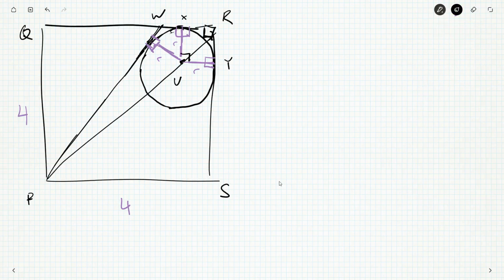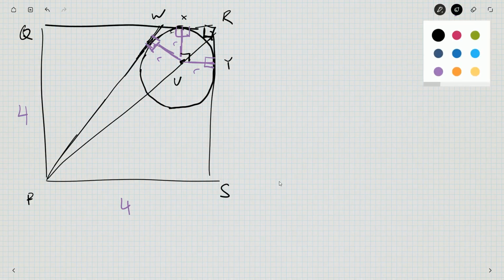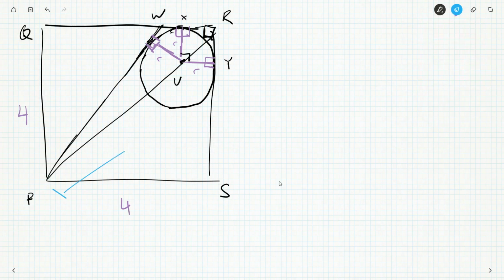And squares, if I know their side length, I can tell you the length of their diagonal. For example, PR is 4 times root 2. You can see that either by the Pythagorean theorem, or that might just be something that you come to know. Squares come up a whole lot. And similarly, UR is going to be root 2 times little r.